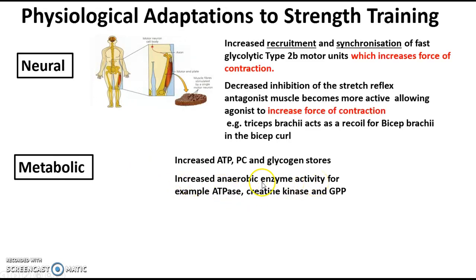We're looking at the enzymes that break these down: ATPase, creatine kinase, GPP. They are more likely to break down if you do weight training. They are more evident, more useful for the stores that you've got in your muscles. So the net effect of this is an increased anaerobic energy production.